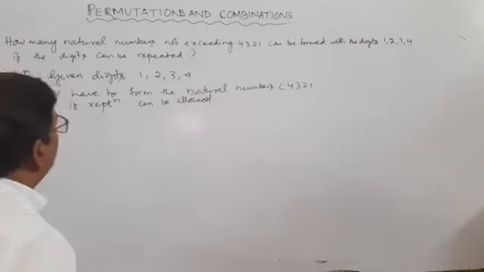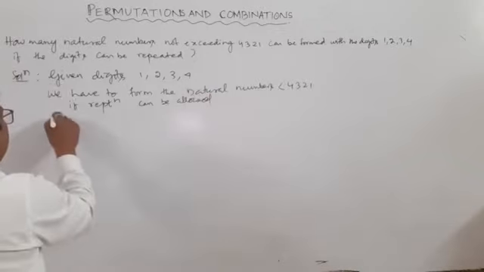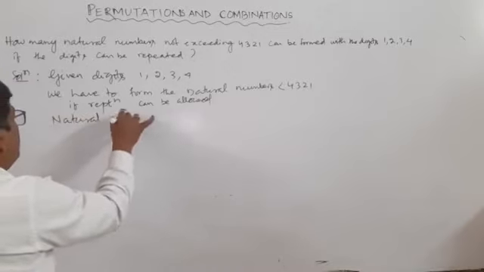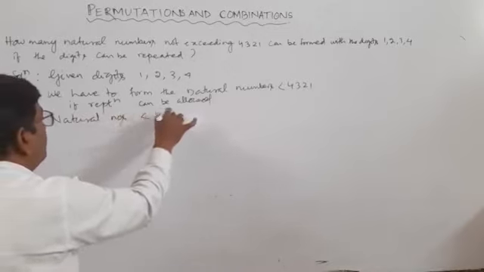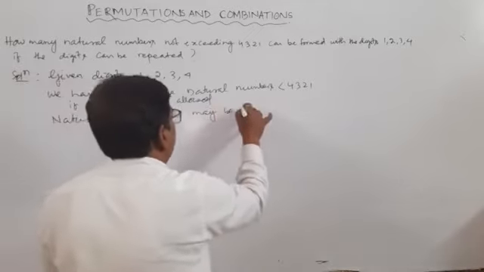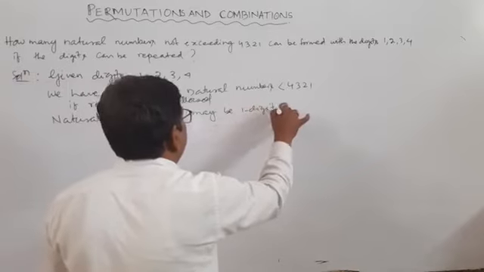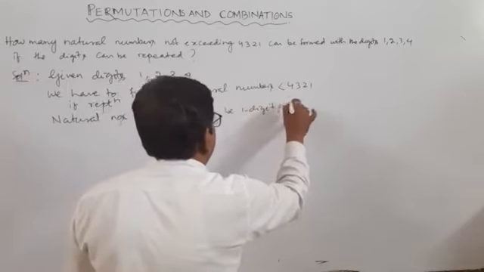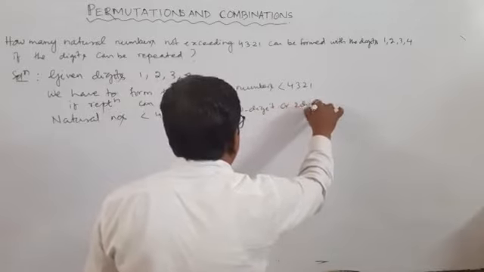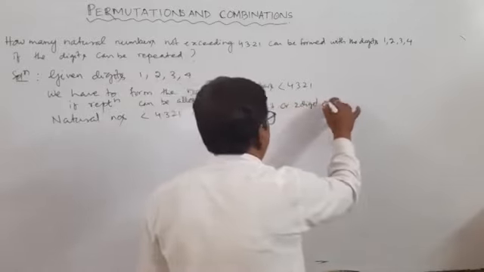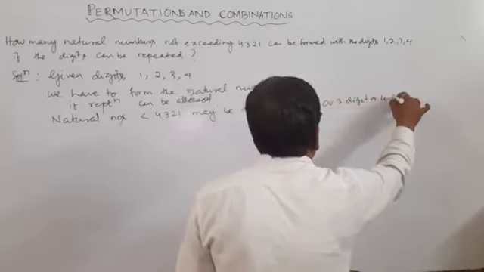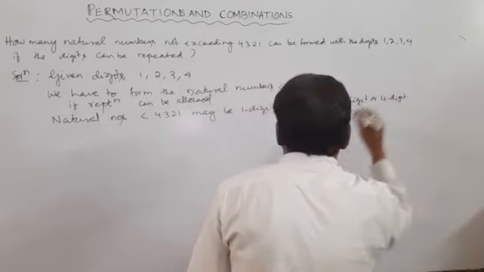Now, natural numbers less than 4321 may be one digit, two digit, three digit, or four digit numbers.